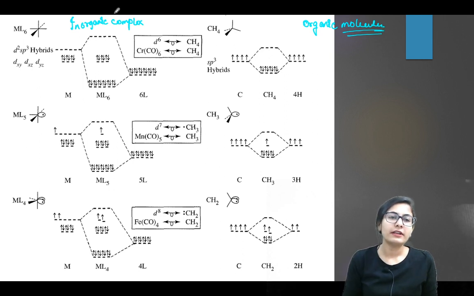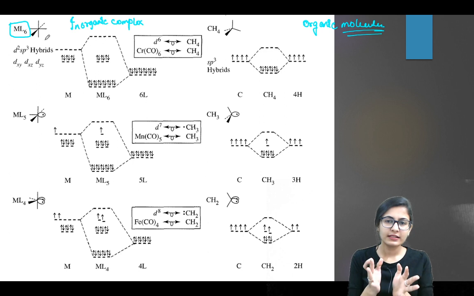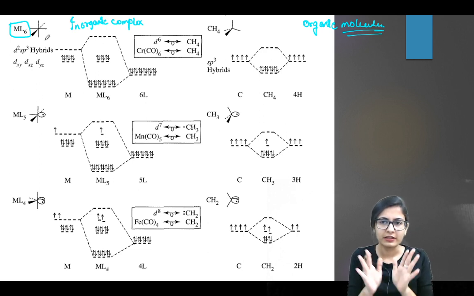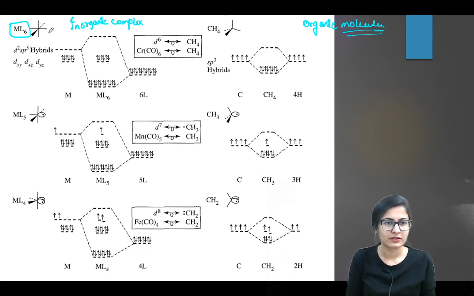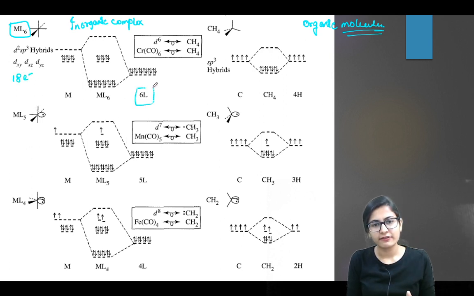We have ML6 for example, and the ML6 is considered in such a manner that it has 18 electrons. There are 6 ligands, every ligand donates 2 electrons, so there are 12 electrons from the ligand side and 6 electrons from the metal side.